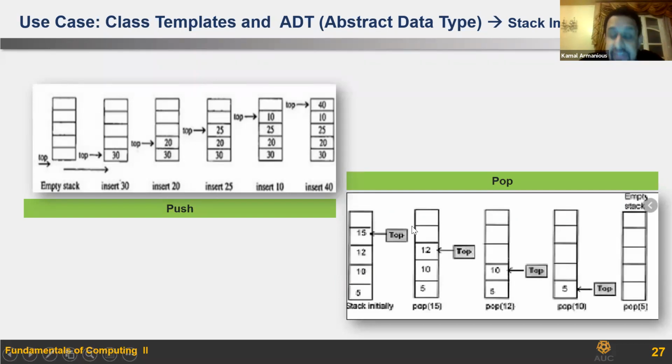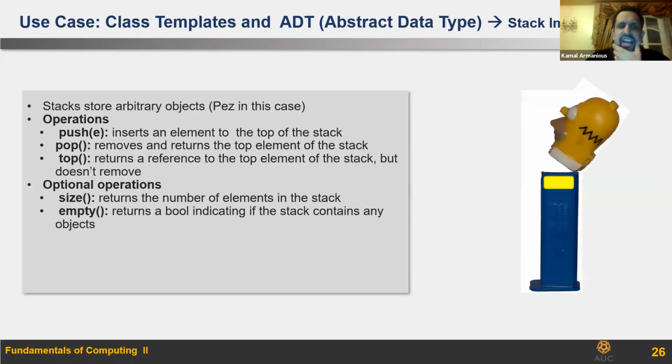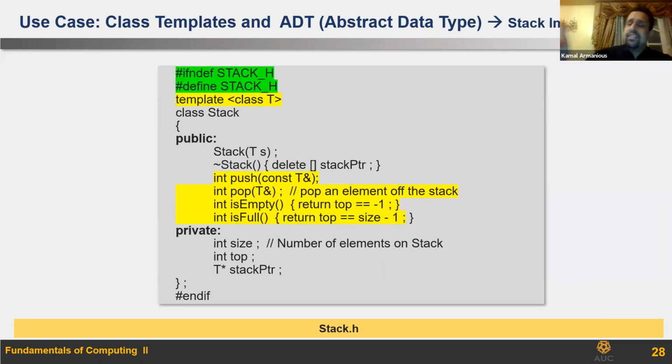I want to have a stack where the numbers are doubles. So I actually don't define 3 classes: one for a stack of double, one for a stack of integers, one for a stack of float. I don't do this. I define a class template.